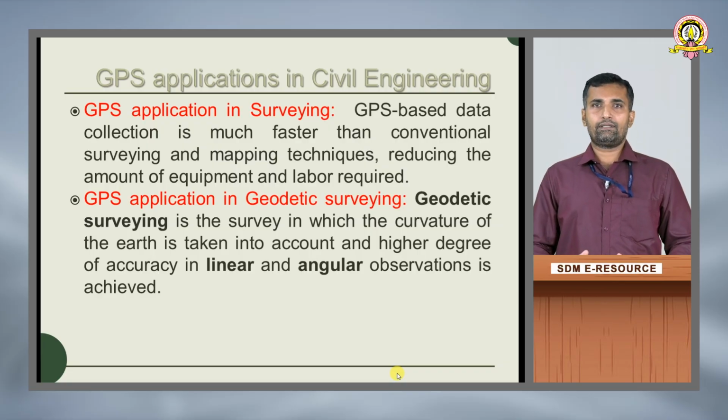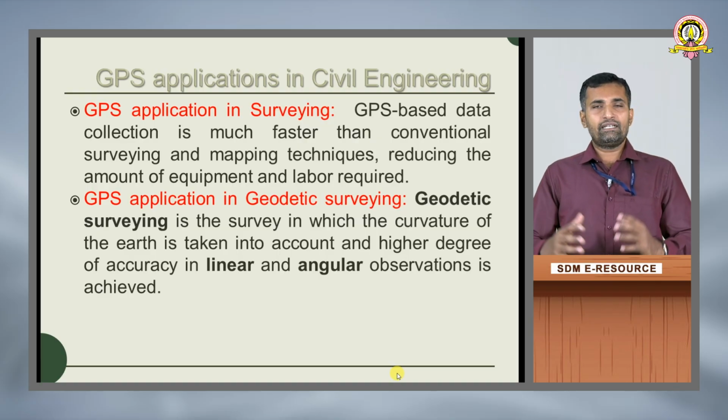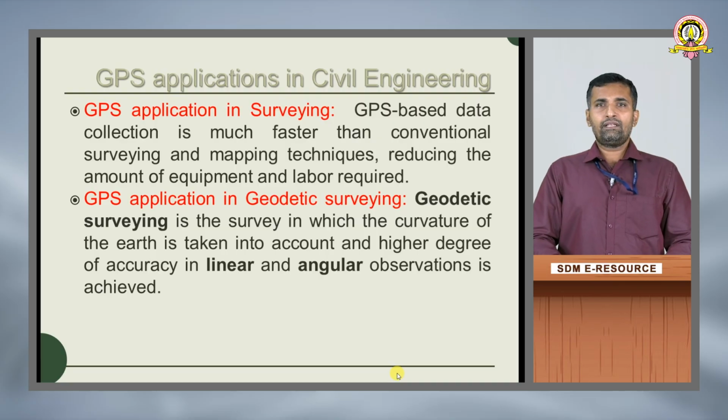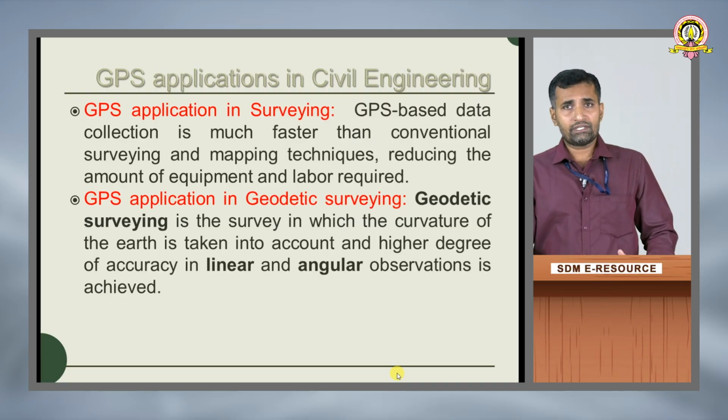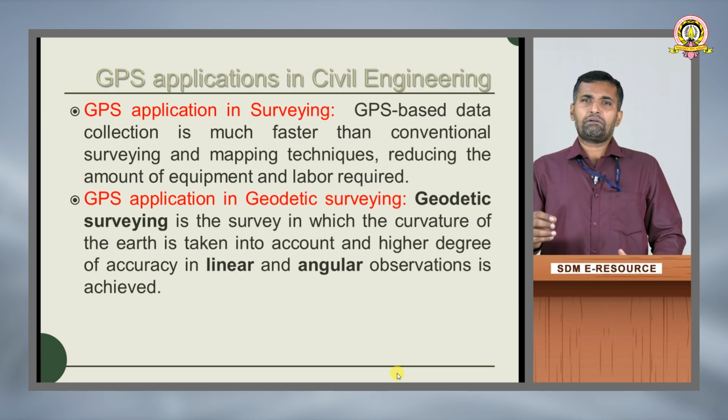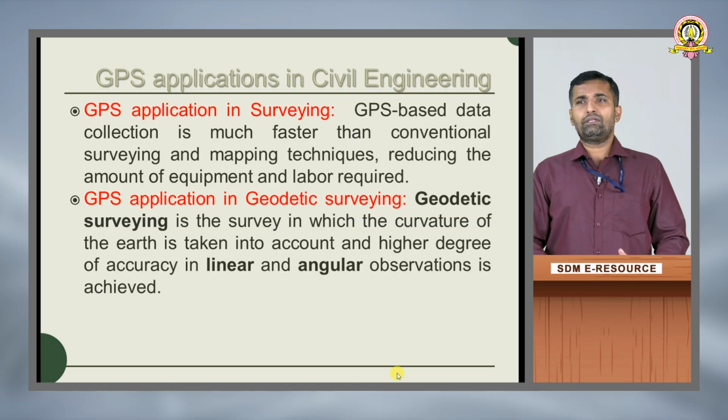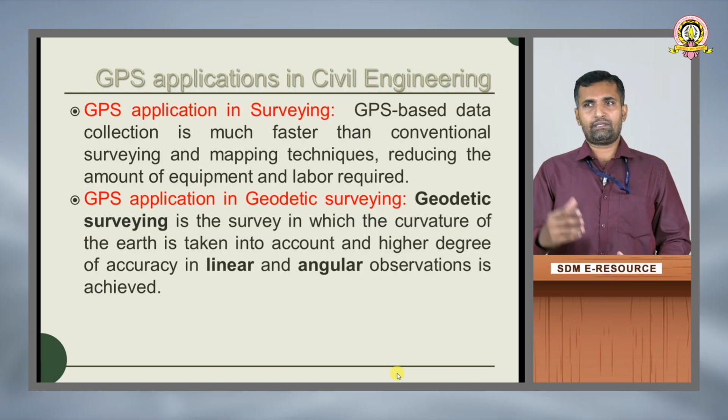In conventional surveying, we imagine the Earth as a flat surface, but in geodetic surveying we consider its curvature, which is highly impractical conventionally but can be done effectively using GPS surveying.